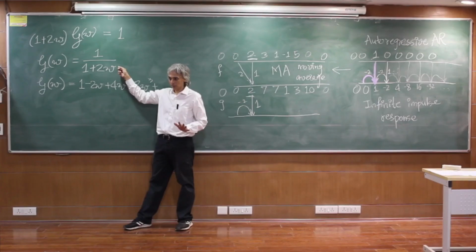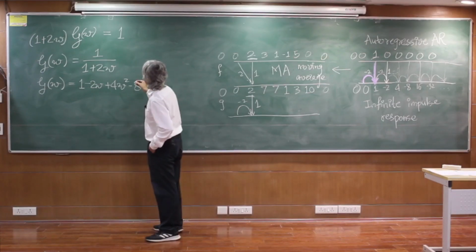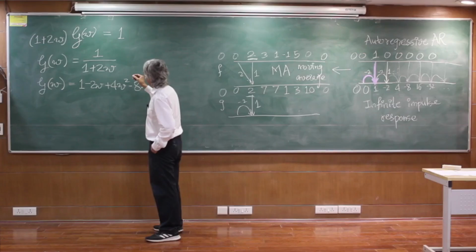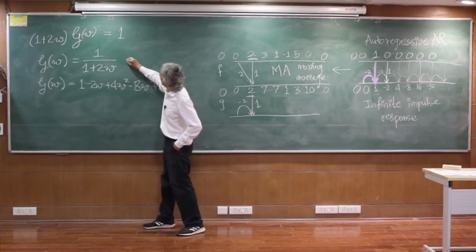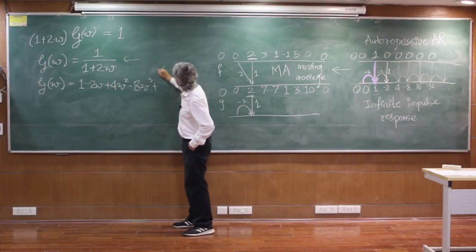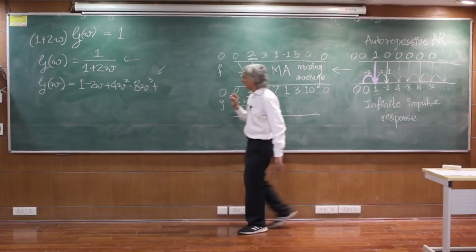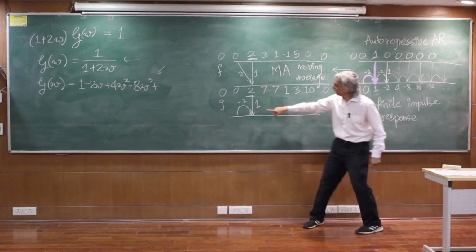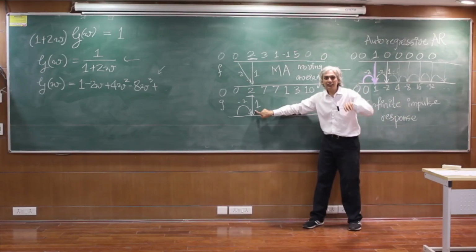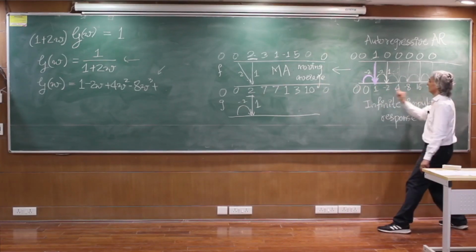Okay? There are multiple ways of thinking about this now. You can think of this as a shorthand of writing this. And equivalently, you can think of this structure as a shorthand way of implementing a convolution with these numbers.